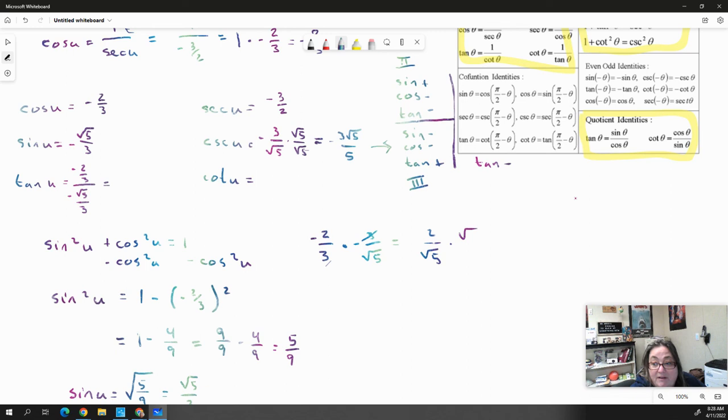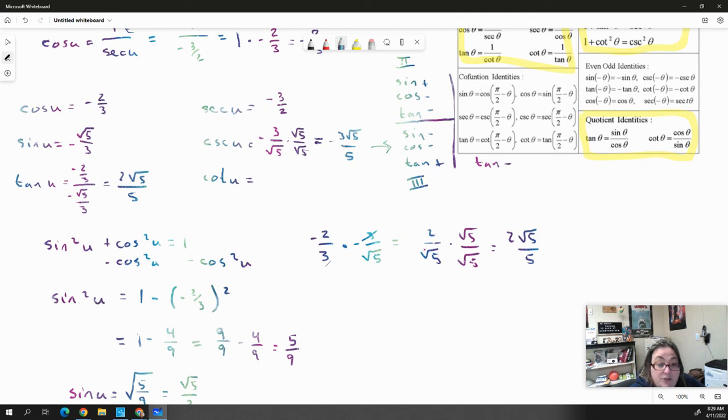So we're going to multiply by rad 5 over rad 5, and we're going to get 2 radical 5 over 5. That is our tangent, 2 radical 5 over 5. Notice that we multiplied a negative times a negative, so it became positive. But that makes sense for us because we know that our tangent is positive over here.